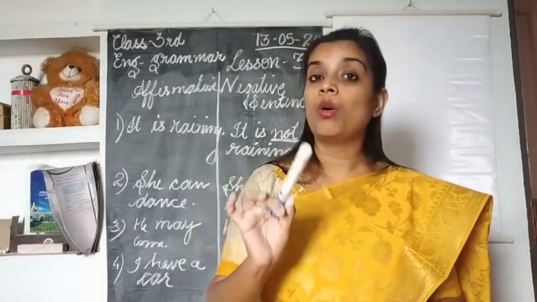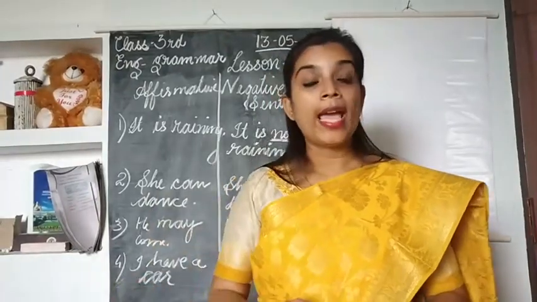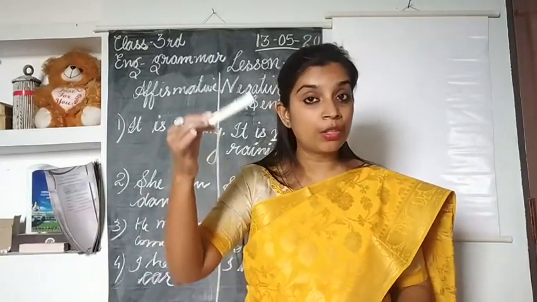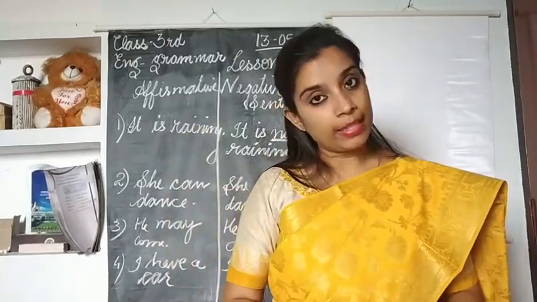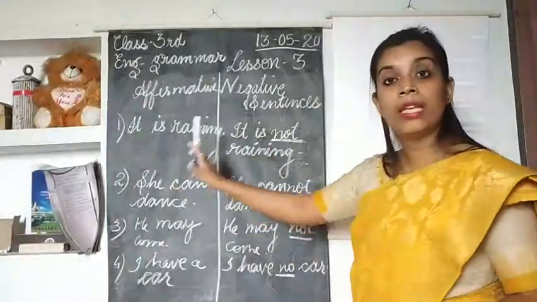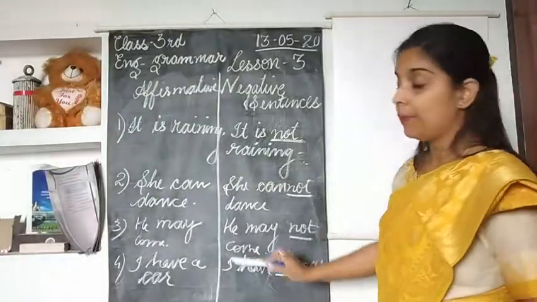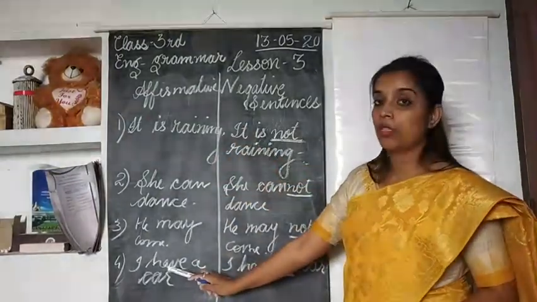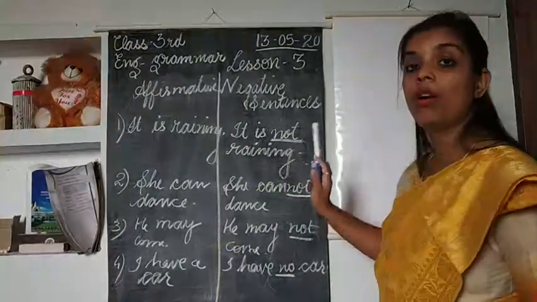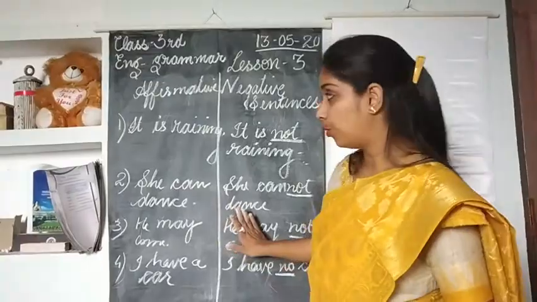Negative sentences always contain no, never or not, and they express a refusal or denial. These are the 3 features of negative sentences which you should always remember. And the basic difference between affirmative and negative sentences is the use of no, never or not. In affirmative sentences, no, not or never is not used. But in negative sentences, no or not is used. I hope this much is clear to you all.